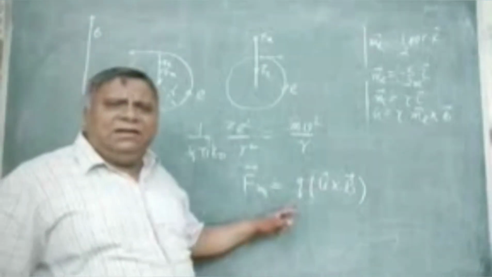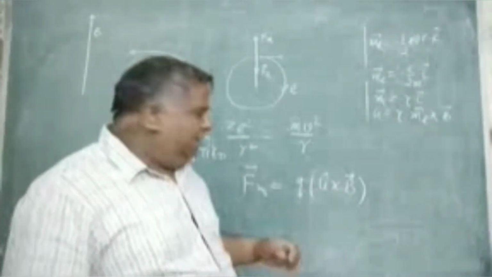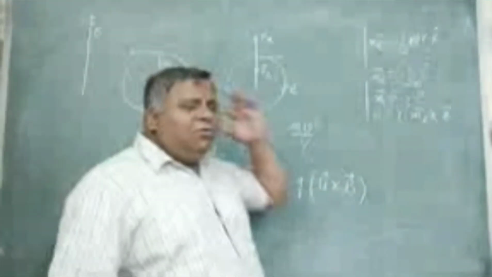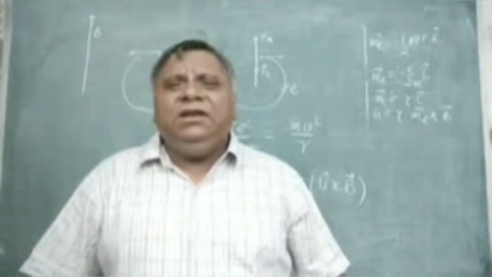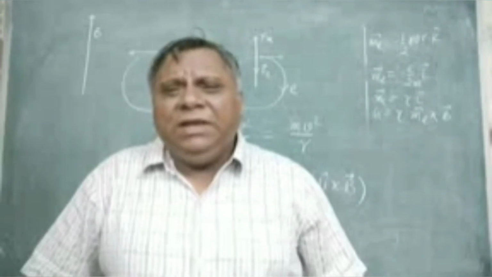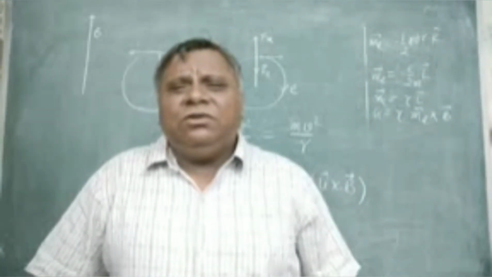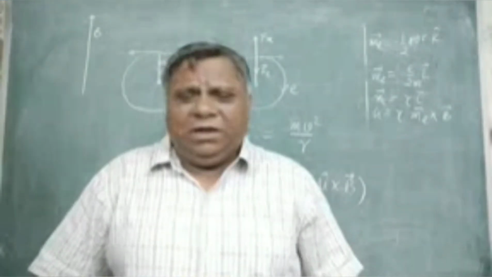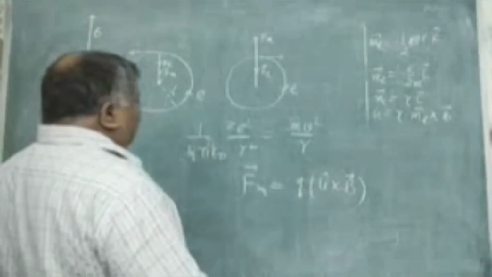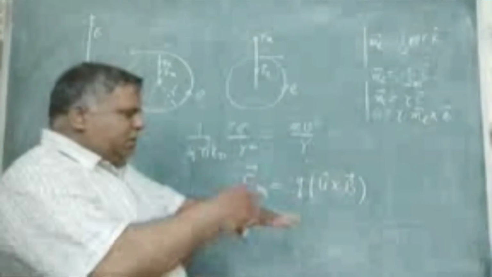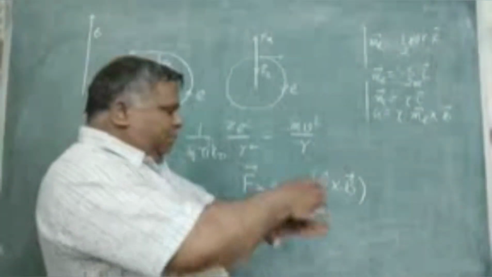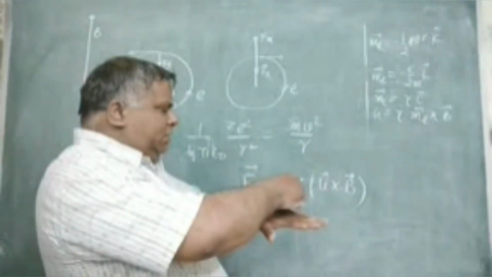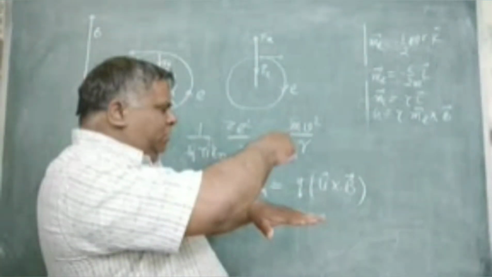Where Q is any charge. For electron it is minus e. So, V cross B. This force is always perpendicular to the velocity V and magnetic field B, that is, perpendicular to the plane of V cross B. So this situation is like this: plane, magnetic field, electron is moving along this, B is perpendicular to this.